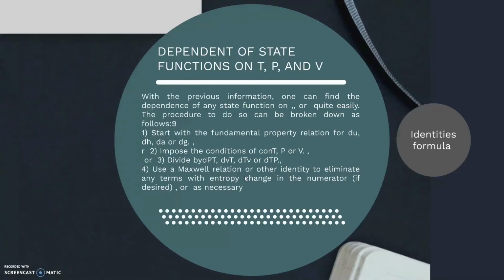Second, impose the conditions of T, P or V. Third, divide by dP, dT, dV or dT. The last step is to use a Maxwell relation or other identity to eliminate any terms with entropy change in the numerator, if desired or as necessary. It depends on what you want.